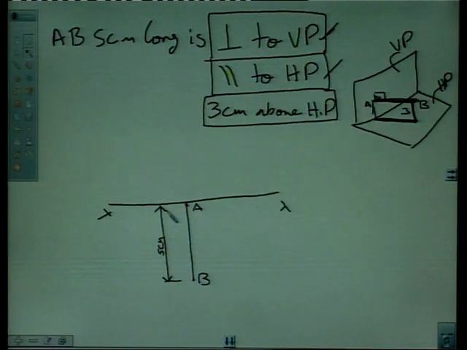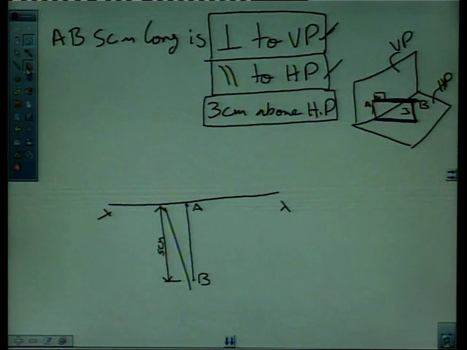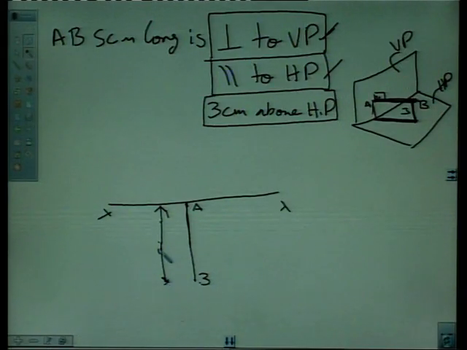Now, second part is elevation. This AB represents plan, the plan of the given line AB, and in elevation we will see just a dot.